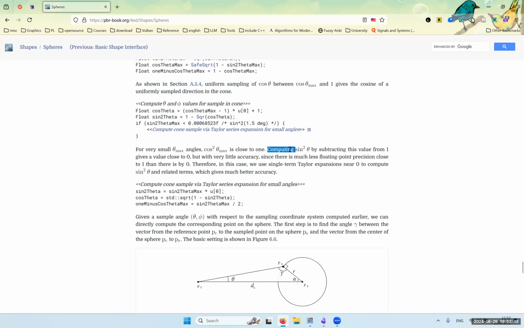And computing sine squared by subtracting this value from 1 then gives 0, and accuracy is low. Yeah, there is less precision closer to 1 than closer to 0. So in this case, we use a single term Taylor expansion near 0. Okay, that makes sense.